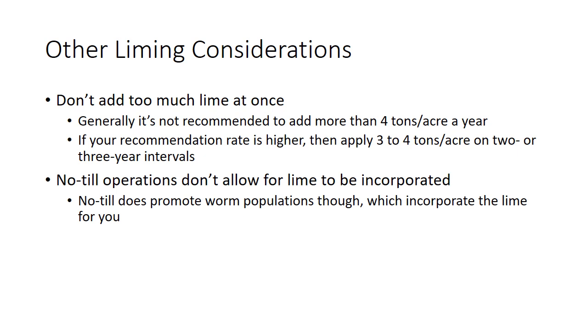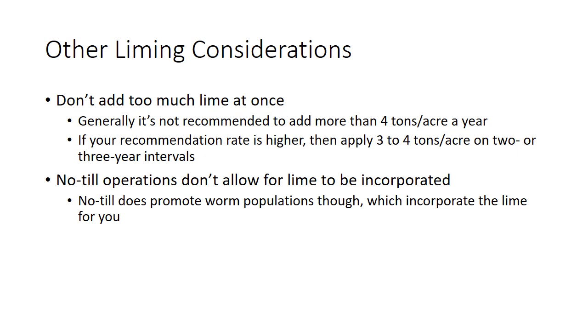And one thing to consider too is if we use tillage, then we're basically liming the top 6 inches because we're mixing the top 6 inches of the soil. But if we have no-till, then no-till doesn't actually allow the lime to be fully incorporated into the soil. However, there's one caveat.